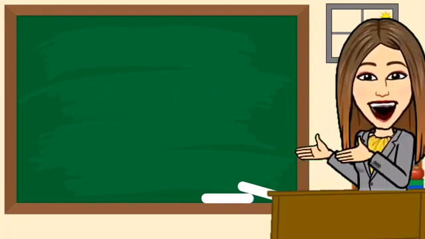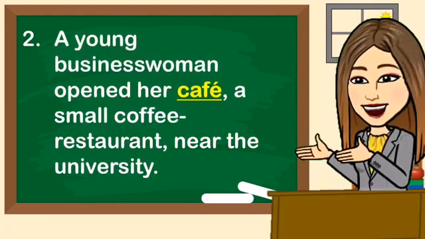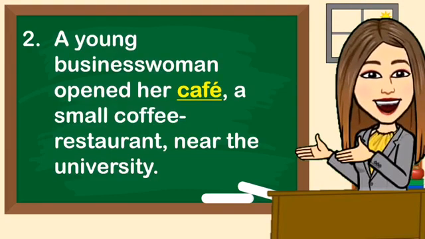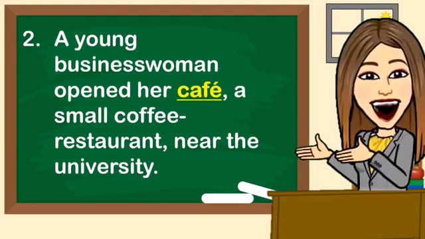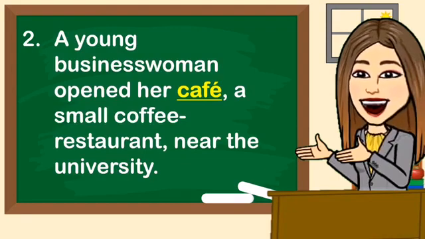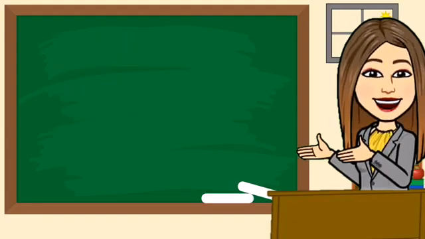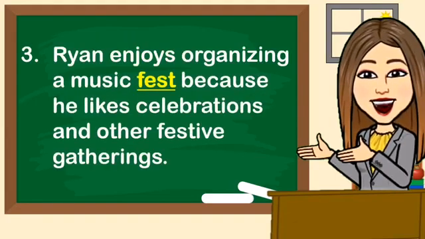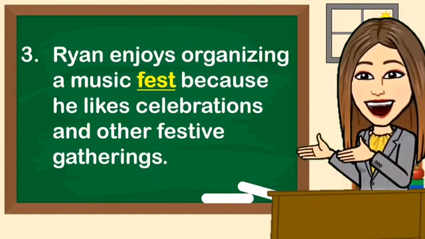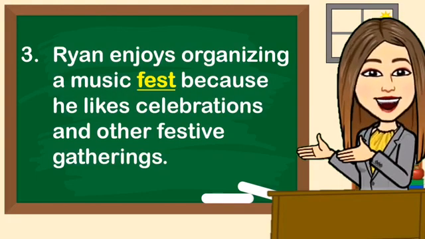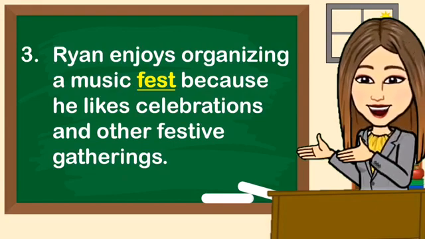Number 2. A young businesswoman opened her cafe, a small cafe restaurant near the university. The unfamiliar word is cafe. Use context clues in finding the meaning of the word cafe. Number 3. Ryan enjoys organizing a music fest because he likes celebrations and other festive gatherings.